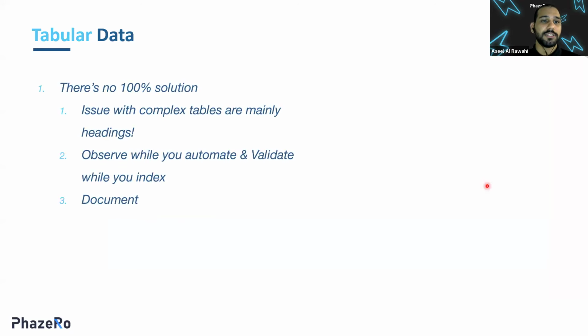One of the most important things to consider when dealing with tabular data is that there is no 100% solution. The issue with complex tables we found is mainly due to headings. We have different ways to create table headings that make it very difficult to really understand what is a heading versus what is a row or a field in our table.